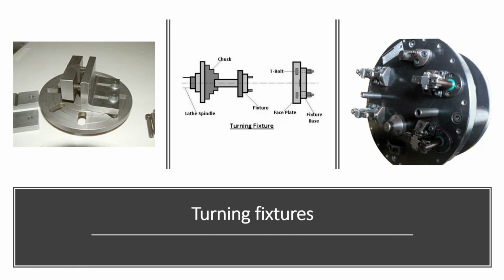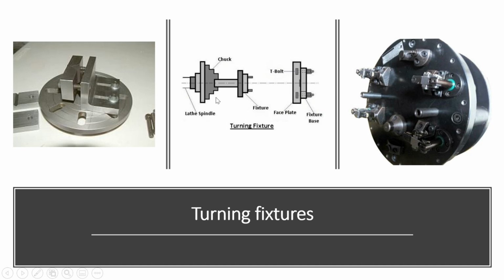For a simple lathe machine, if you use the chuck as a turning fixture, it is quite simple. There are two types of chuck generally employed in industries, the 3-jaw chuck and the 4-jaw chuck.